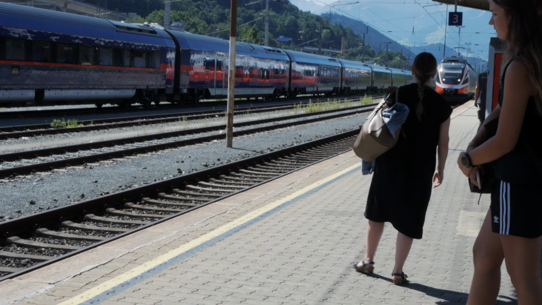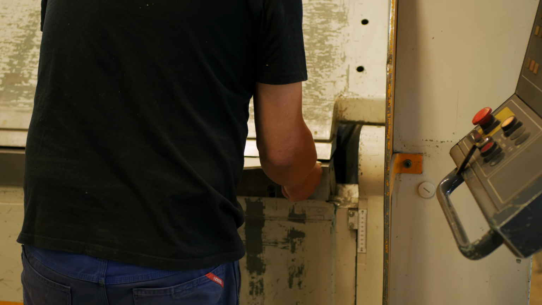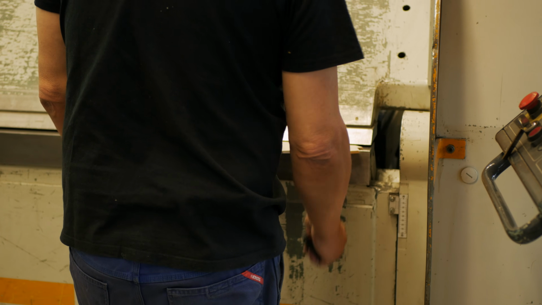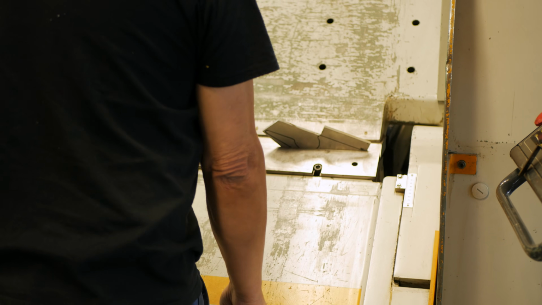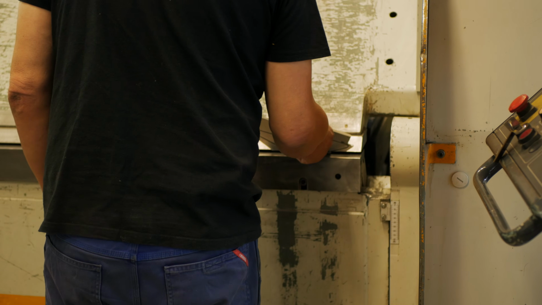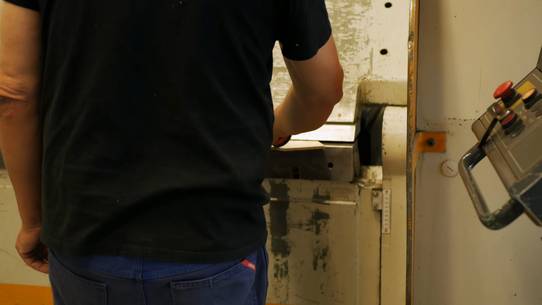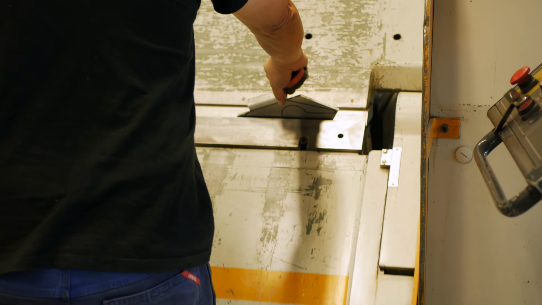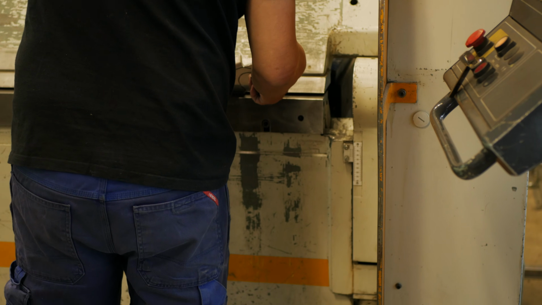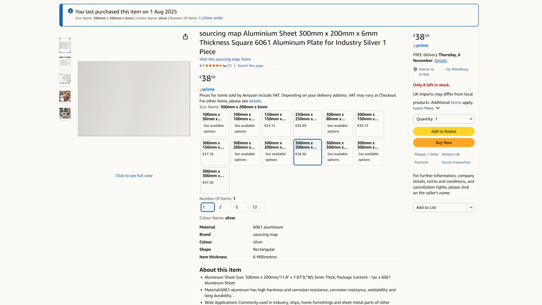Once the edges were roughly cut, I headed to a machine shop to bend the plate, which went well. It turned out that the plate I ordered was T6 hardened alloy, which is not suitable for this type of cold bending.